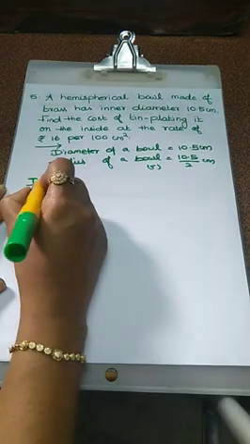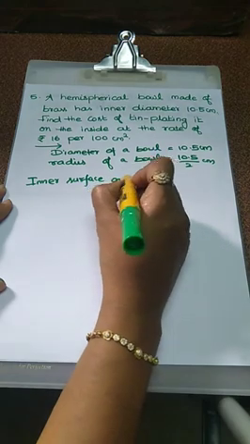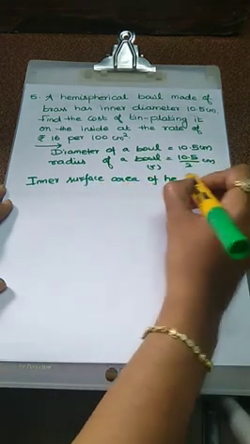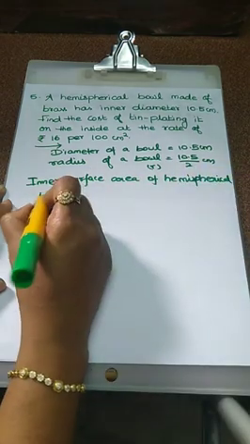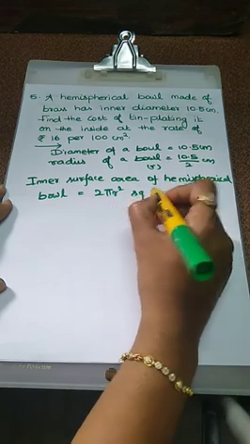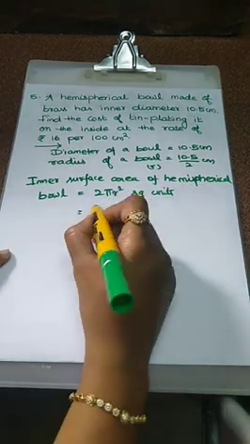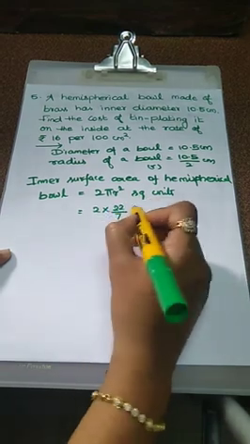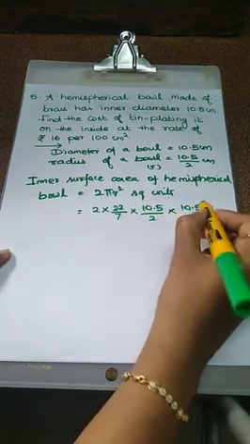First calculate the inner surface area. Inner surface area of hemispherical bowl. What is the formula? 2 pi r square units. Apply the values. 2 into 22 by 7 into r value 10.5 by 2, 10.5 by 2.